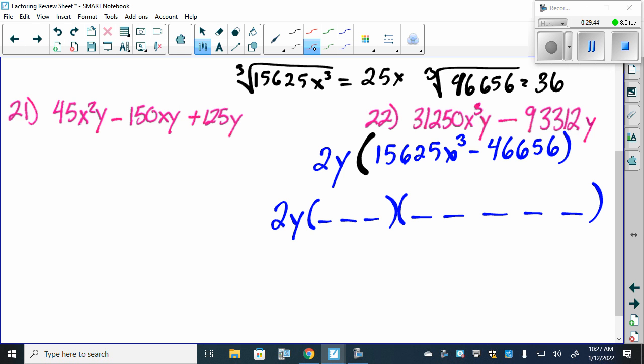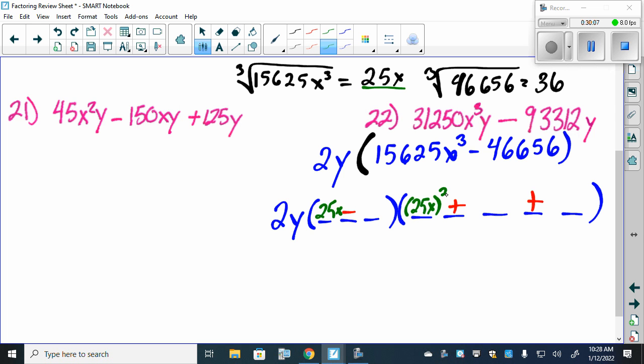Now our signs are going to be the same, opposite, always end on a positive note. Now our first term was 25x. So here we would have 25x. Here we're going to have 25x squared.